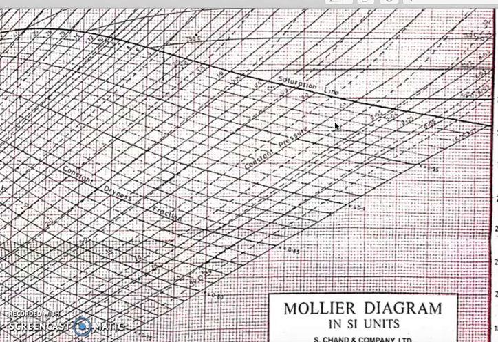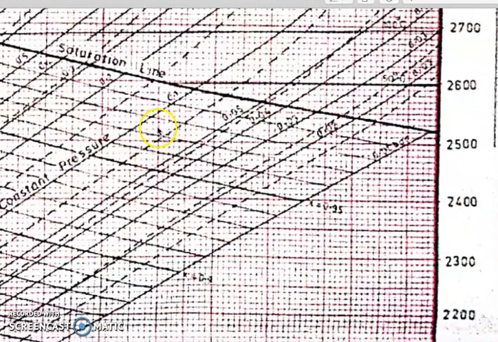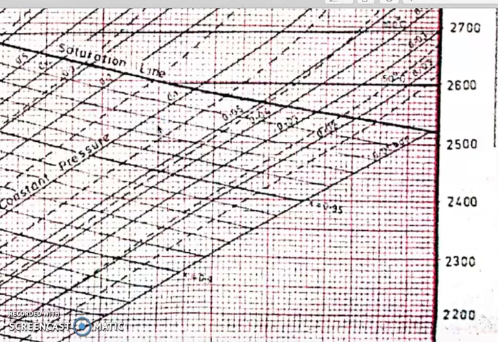Now to find the dryness fraction at the same point, if the point is this one, then this is 0.95, 0.96, 0.97, 0.98, 0.99. So we are dividing the region from here to here into equal divisions as per the lines mentioned.